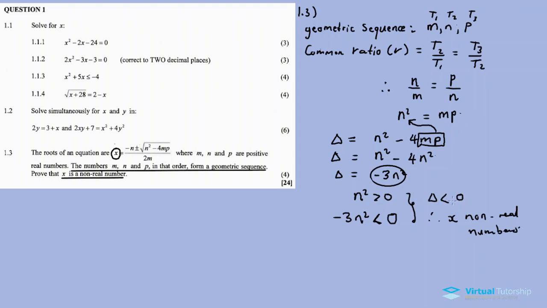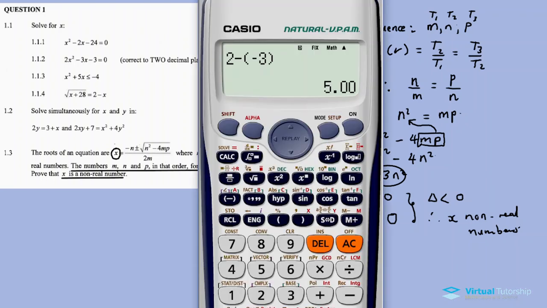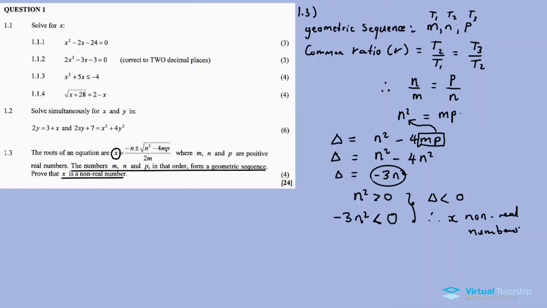If the discriminant is less than 0, we have non-real numbers as our solutions. And if you try to calculate the roots using a calculator with the quadratic formula, you find that you get an immediate error on your calculator. It's because your x values or roots are non-real numbers.